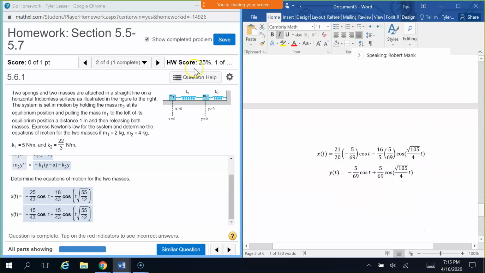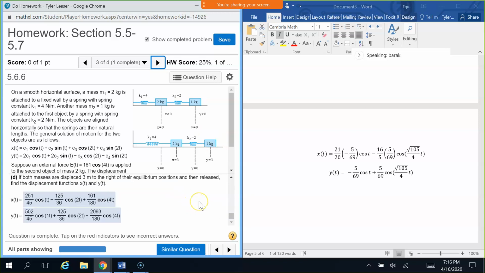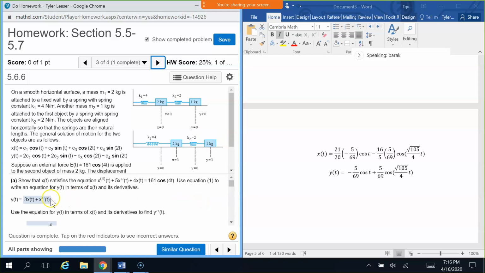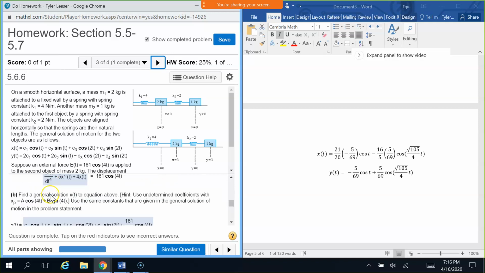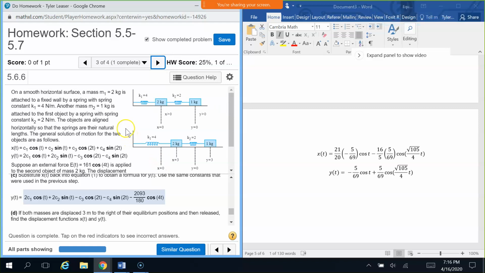There's another one. I think we should do number 3. We don't have time now. I'm way over. Oh gosh, yeah, there's another one. This one separates it out a little bit better, at least, because it gives you the solutions here. The problem is that it also adds in an external force.